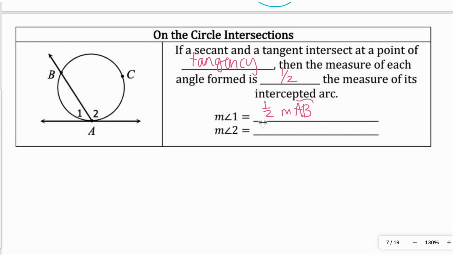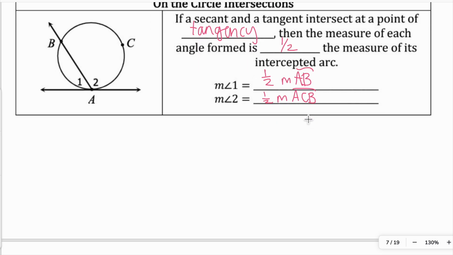And the measure of angle 2 would be half the measure of the intercepted arc ACB. So that's what we're going to look for when we talk about how to find those measures given a secant and a tangent.